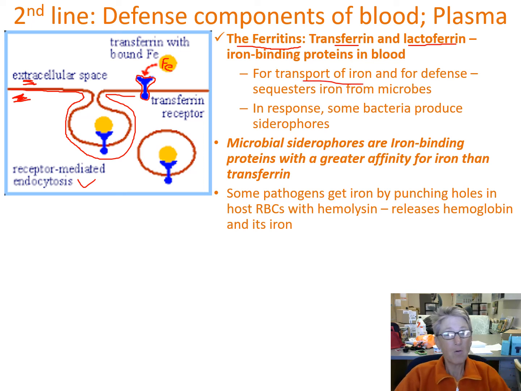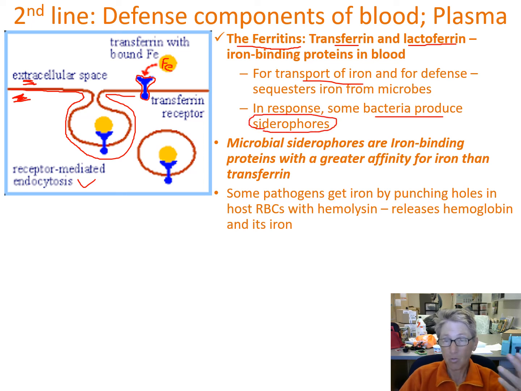So microbes that are in your blood, they want iron too. Like, everybody wants iron. The microbes are trying to get the iron, and your cells are trying to get the iron. We use transferrin and lactoferrin receptors to get the iron inside our cells. Bacteria make these molecules called siderophores to trap the iron that we should be getting.